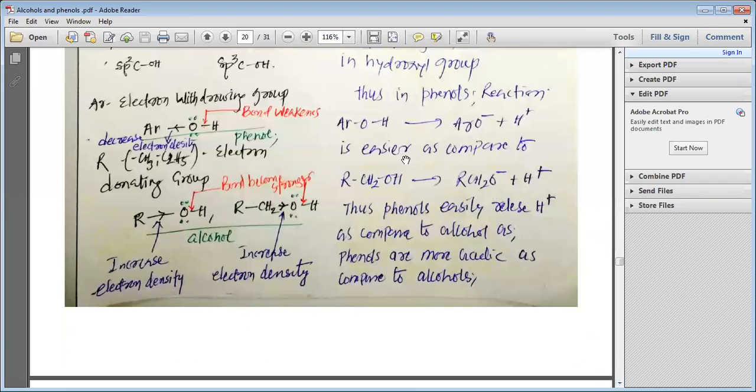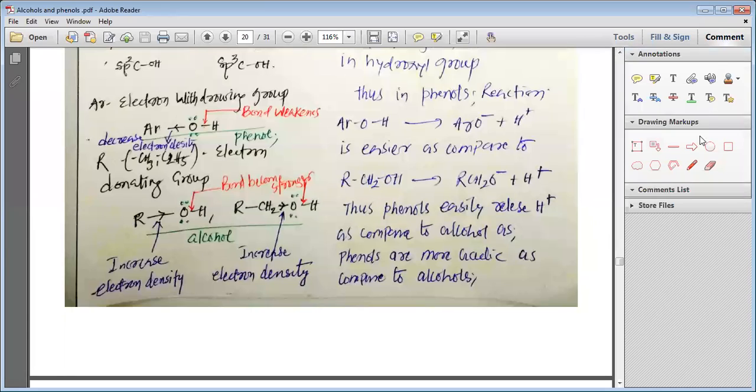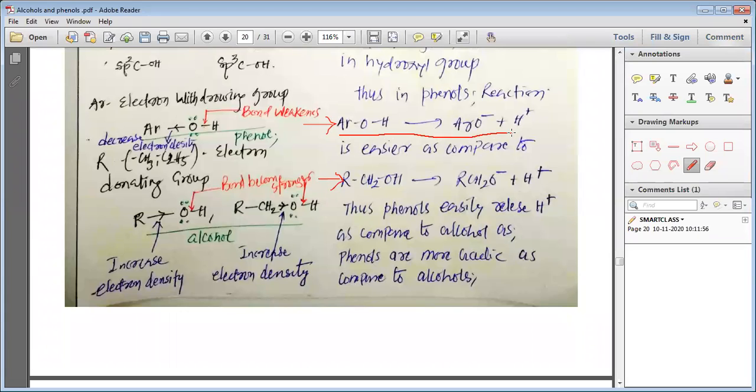Even when we compare these two reactions, the reaction of phenol to produce H plus and the reaction of alcohol to produce H plus, we realize that the reaction of producing H plus by phenol is easier than the reaction of alcohol to produce H plus, and this is how phenols are more acidic as compared to the alcohols.